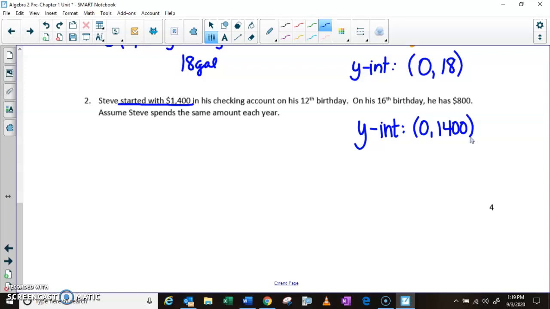So in order to do this, I'm going to write some ordered pairs. So on his 12th birthday, I'm going to call this time 0. That's my starting point for my y-intercept. So that means on his 16th birthday, which would mean an increase of 4 years later, he now has $800.